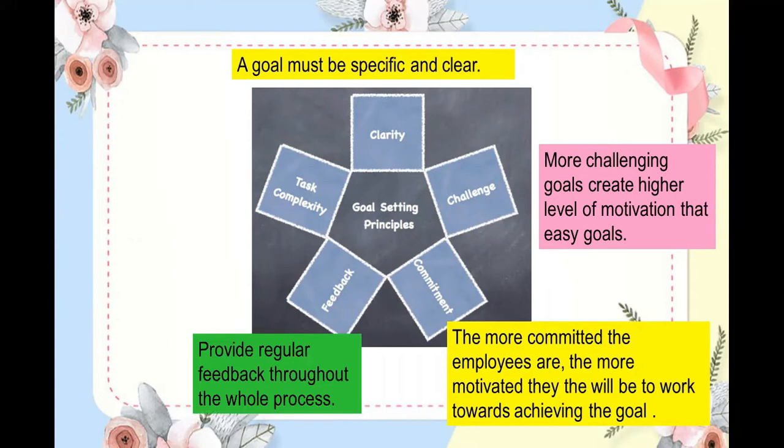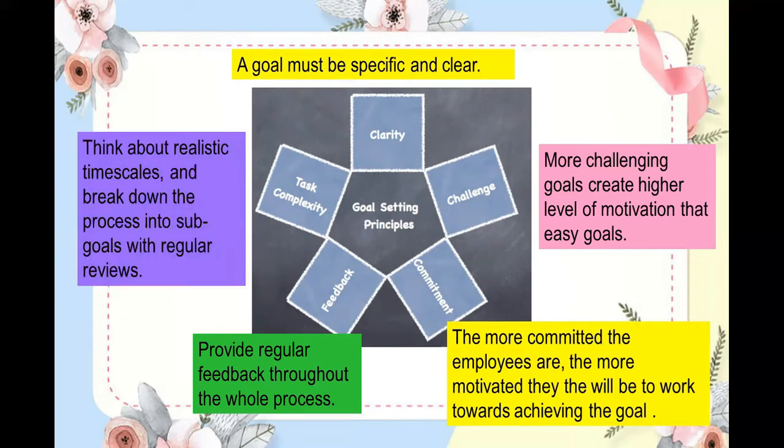Next is feedback. Provide regular feedback throughout the whole process. Feedback allows people to monitor their progress. And the last goal setting principle is task complexity. Think about realistic timescales and break down the process into sub-goals with regular reviews.